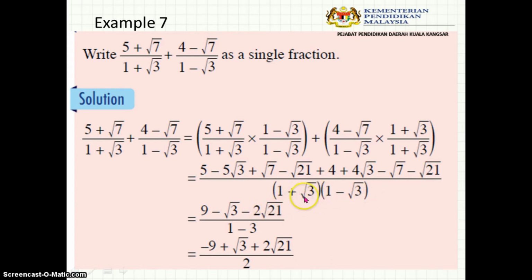And the denominator is 1 minus 3, so 1 minus 3 is negative 2. Because we don't want a negative denominator, we multiply by negative, so negative becomes positive. So the answer becomes 9 plus surd 3 plus 2 surd 21 over 2.